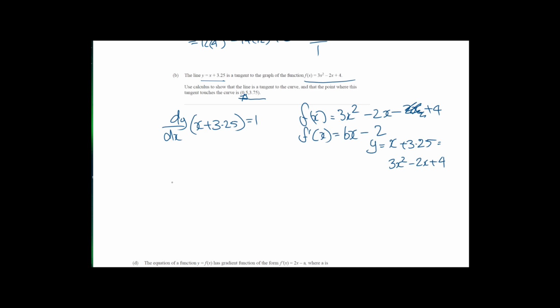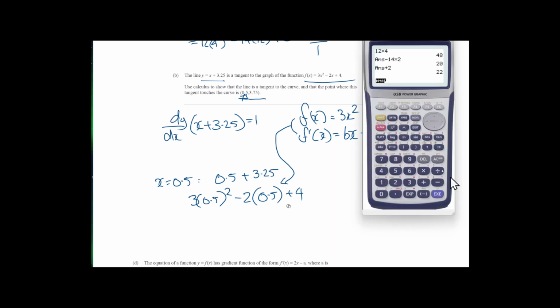Now, are they in the same place? Well, if we set x equal 0.5, this first one will be 0.5 plus 3.25, and the second graph down here will be 3 times 0.5 squared minus 2 times 0.5 plus 4. So 0.5 plus 3.25 equals 3.75.